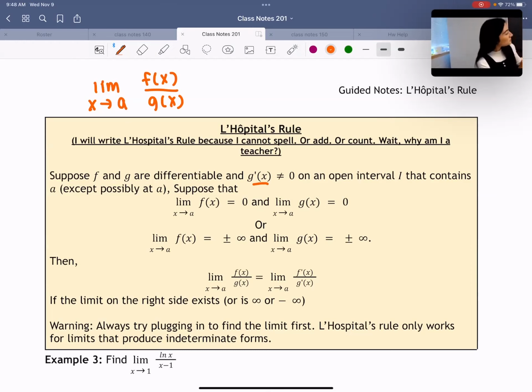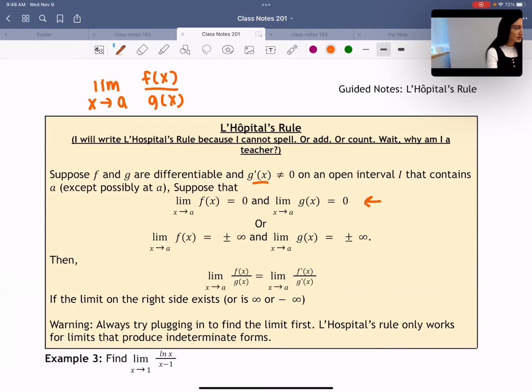Let's suppose that the limit on the top equals 0 and the limit on the bottom equals 0. What is that saying? Well, isn't that saying that I get a 0 over 0? If I plug in my numbers, I'm getting a 0 over 0 type limit.